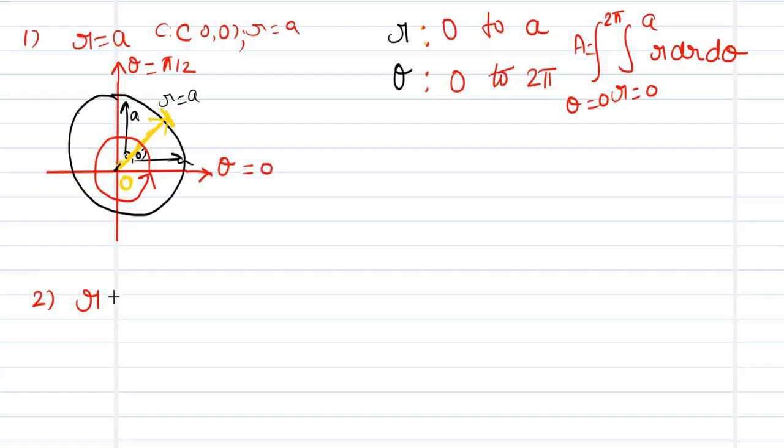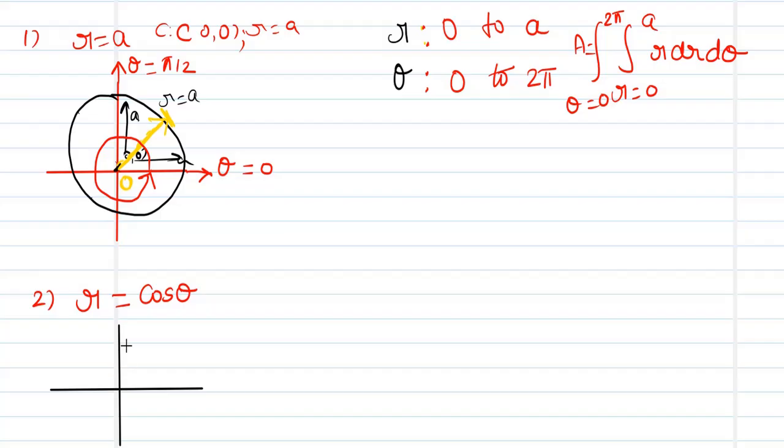This curve is given as r is equal to a cos theta. How does this curve look like? So this curve is fixed entirely to the left of your axis. Let this be our baseline.